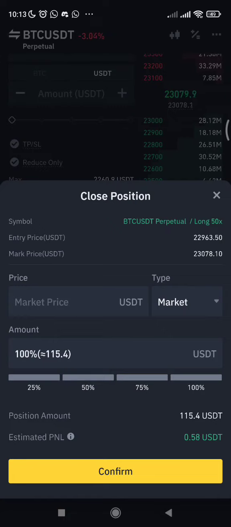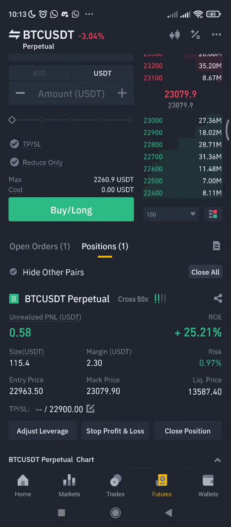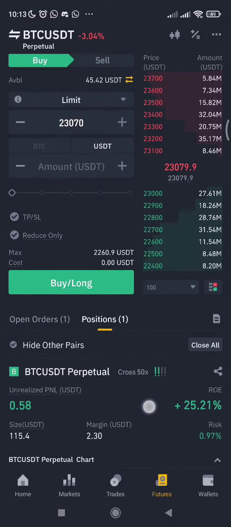Leverage times your capital or margin equals your position amount. So take note of that. Once you choose the percentage, you click confirm. For now, I'm not closing it. I just wanted to show you how it works.